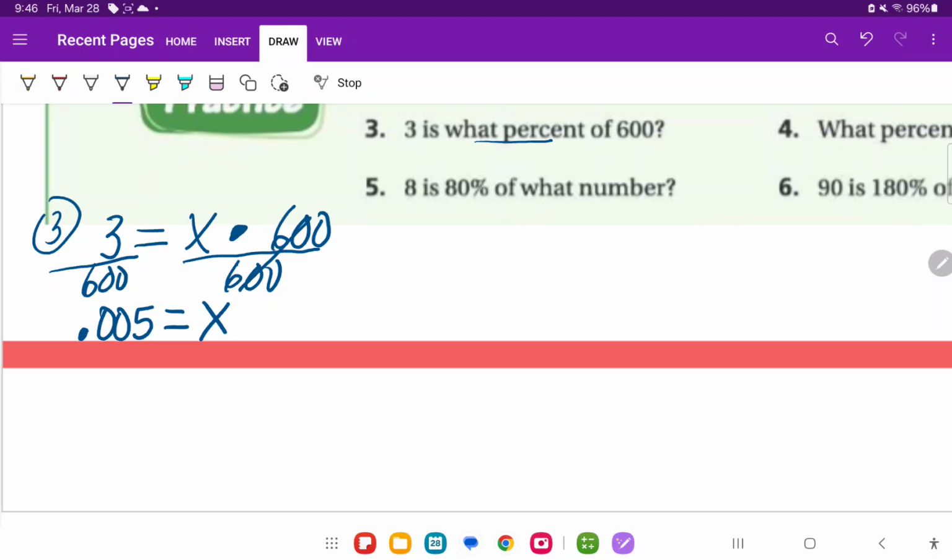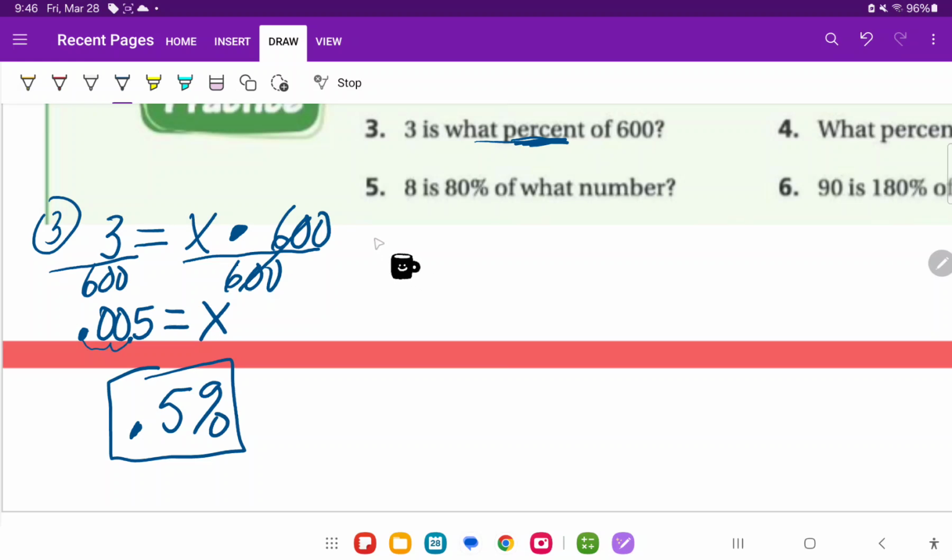Okay, now, since it is a percent on number 3, we're going to move the decimal 1, 2, so that my final answer is 0.5%. Okay, so it's still a percent, even though it still has that decimal there, 0.5%.